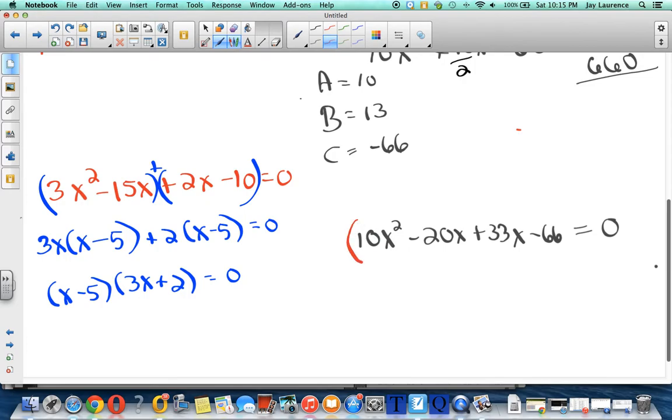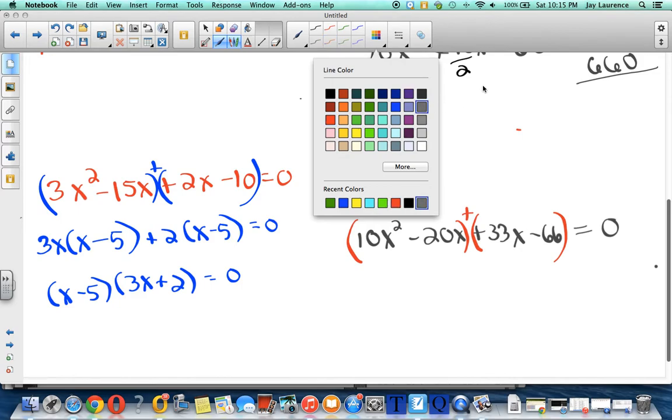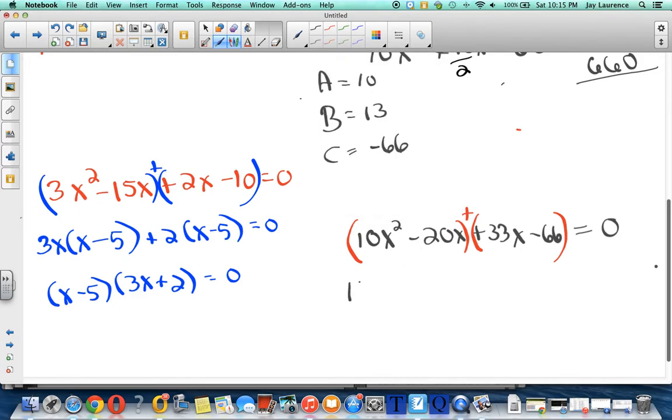Okay, let's go over to the gray one. And I'm going to group like this. I'll put a plus sign in between. I'm going to factor out a 10x. Oh, I don't want that to be in that color. I want it to be somewhat consistent. Sorry about that. So you can follow the work of the gray problem, because that's the one that's going to help you with the video quiz. So I'm going to pull a 10x out and be left with an x minus 2.